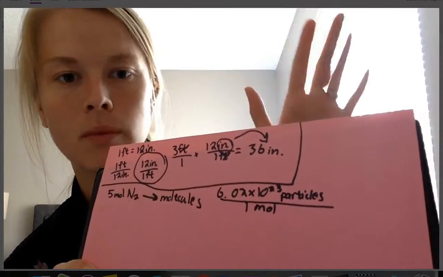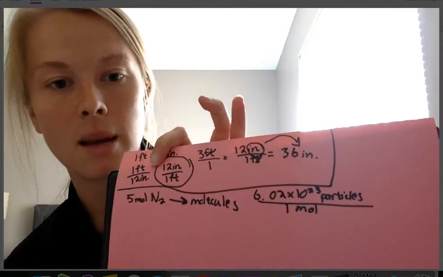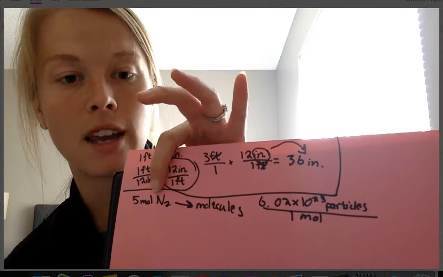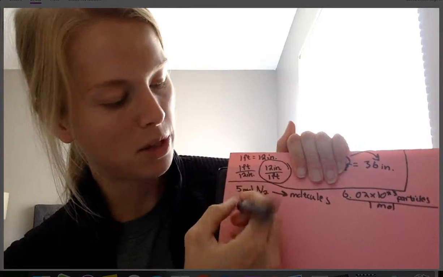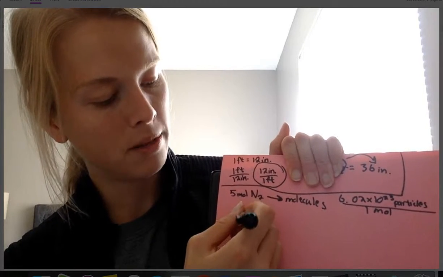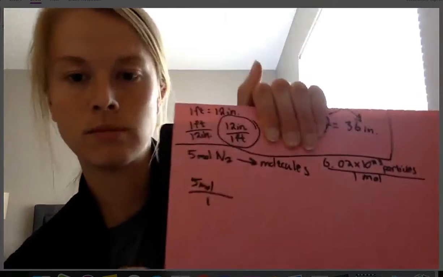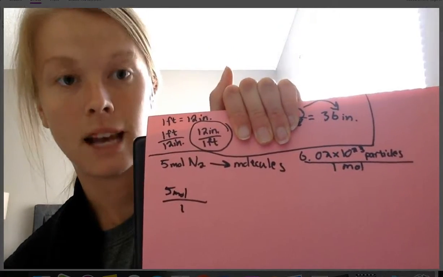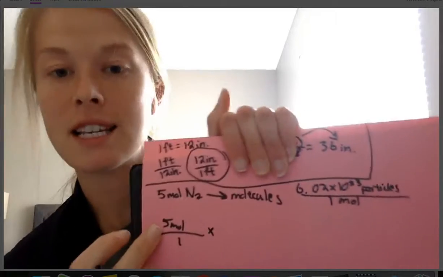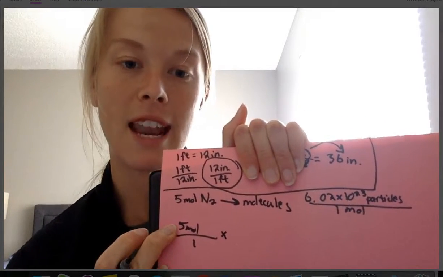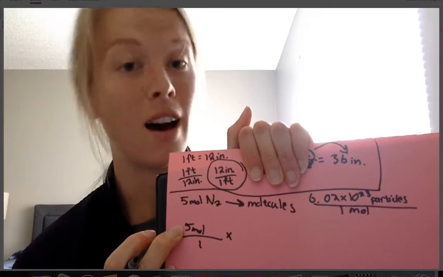It's all good. Okay, so the thing I'm going to start with is the number that I gave you. So it's this 5 moles of N2. Again, I'm going to put that number over 1. Just a placeholder. You don't need to use the 1. I like the 1. All right, and since my moles is on top here, in order to cancel that out, I need to have that on the bottom.